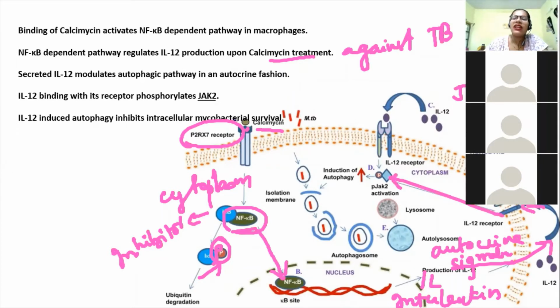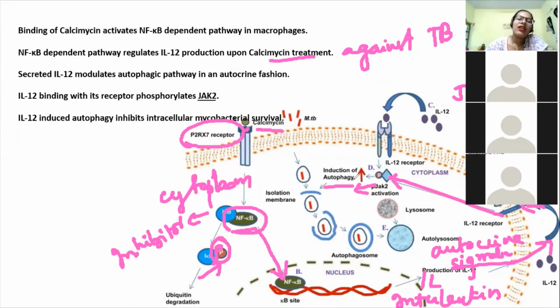For the time being, just remember this name. We'll study in detail what the JAK-STAT pathway is. It is actually called the Janus kinase STAT pathway. Anyways, it activates your JAK-STAT pathway, and that induces the autophagy. So what is autophagy?